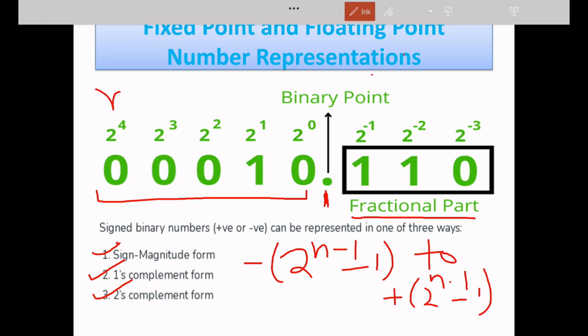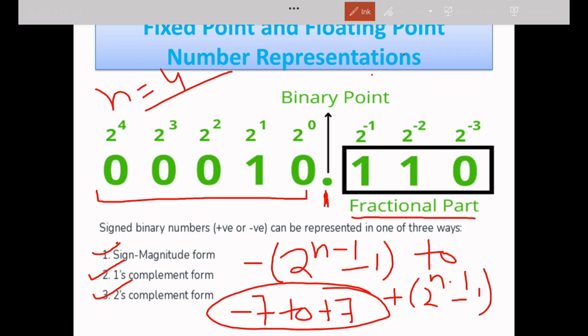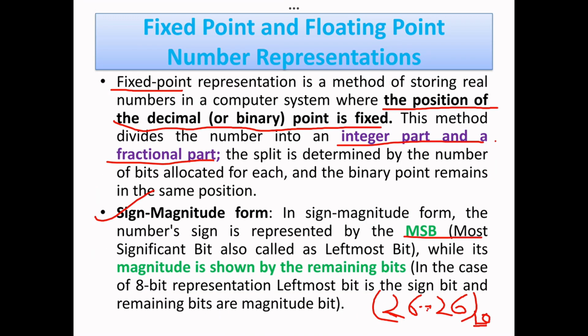Suppose your n is equal to 4. It means that 4 minus 1 is equal to 3, 2 to the 3 is 8, 8 minus 1 is equal to 7. So minus 7 to plus 7. This is your range for sign bit. Now I will check I am correct or not. This is the meaning of range.